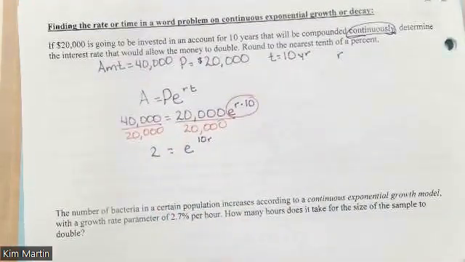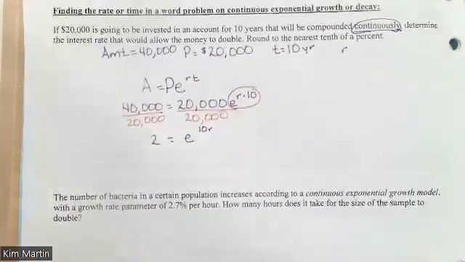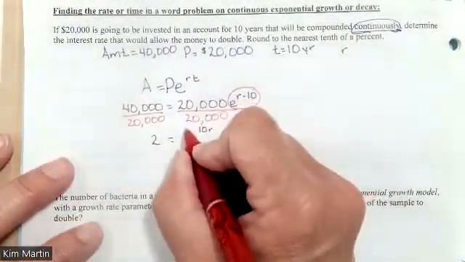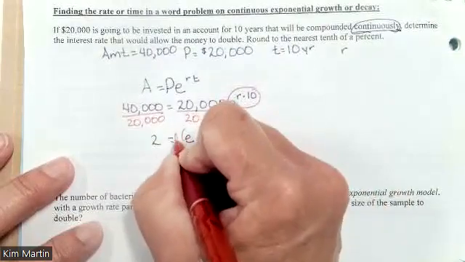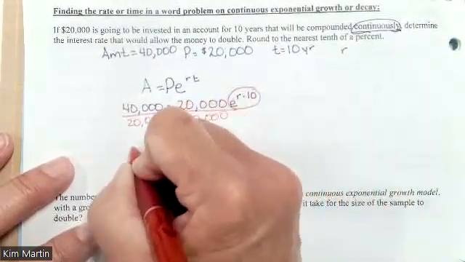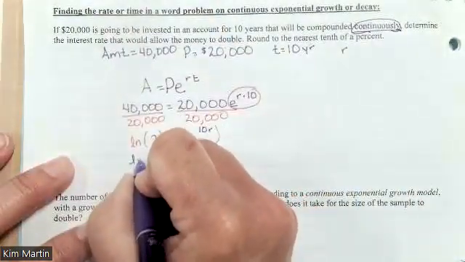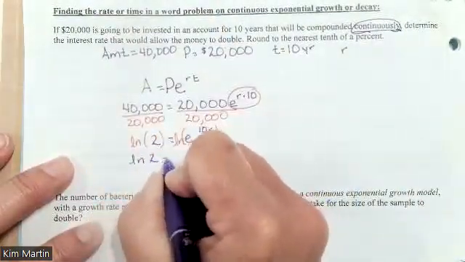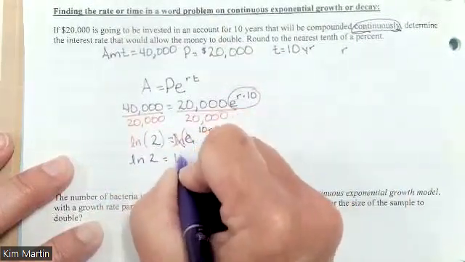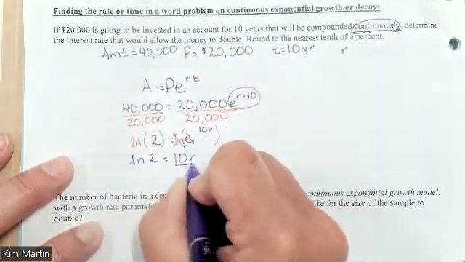That's just me personally. How are we going to free up the exponent? Ellen, take the natural log of both sides. And we get the natural log of 2 equals, these cancel, we have 10R. Now you divide by 10.